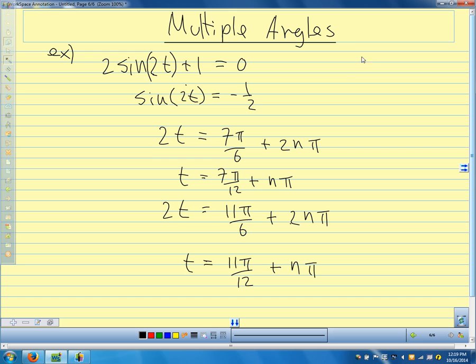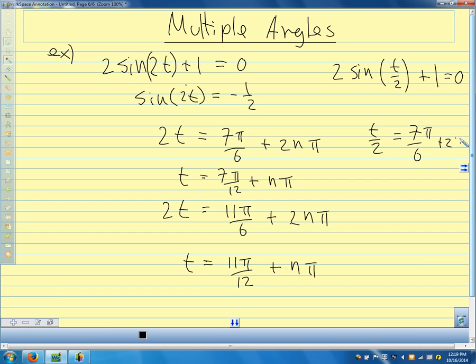And if our equation were 2 sine t over 2 plus 1 equals 0, at the end we would have t over 2 equals 7 pi over 6 plus 2n pi, or t over 2 equals 11 pi over 6 plus 2n pi. So we still have a multiple angle.